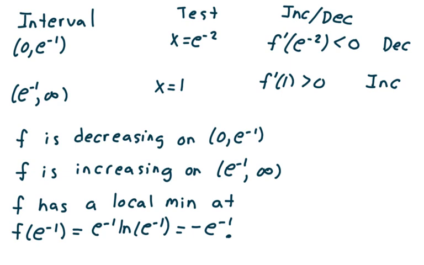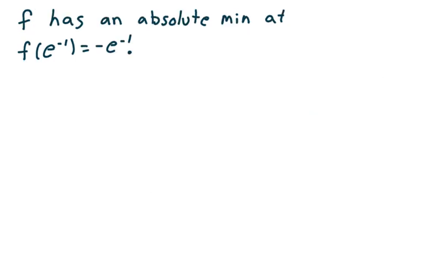And remember, when you go from decreasing to increasing, we can say that f has a local minimum at f of e to the negative 1, which is equal to negative e to the negative 1. And then furthermore, f has an absolute minimum at f of e to the negative 1, which is negative e to the negative 1.